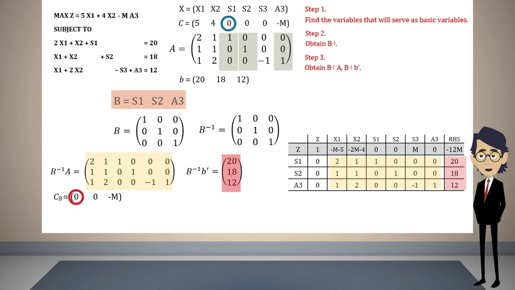The coefficient of S2 in the objective function is also 0. And the coefficient of A3 in the objective function is -M. Once we have this vector, we will multiply it by the matrices obtained in the previous step, and from the first of these results, we subtract the vector c.